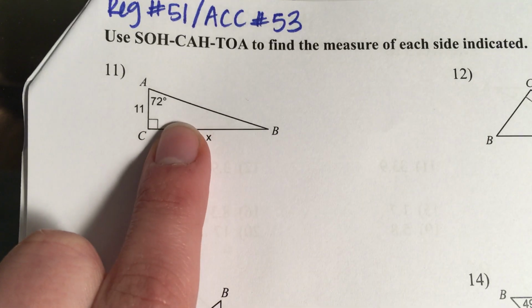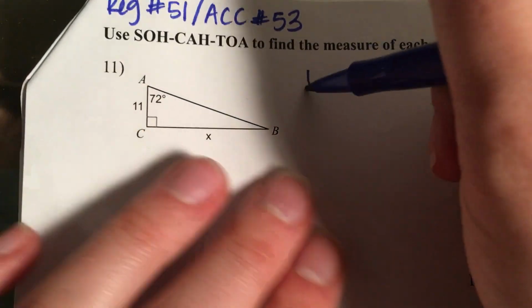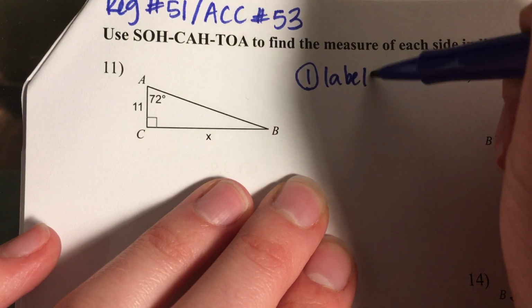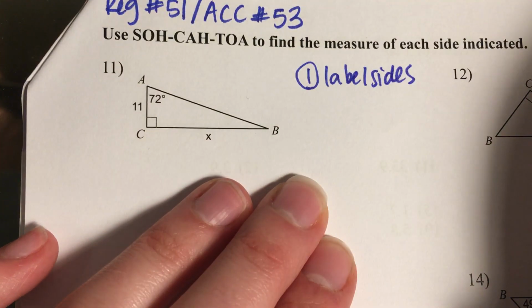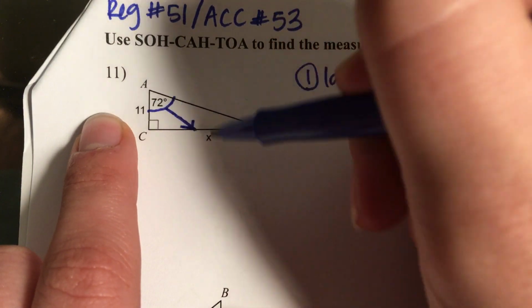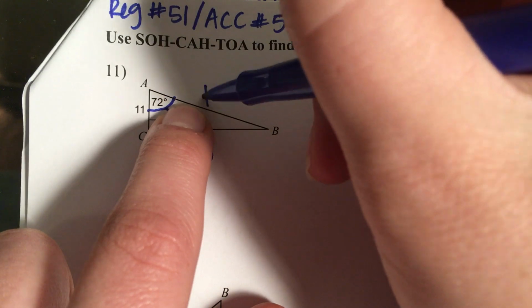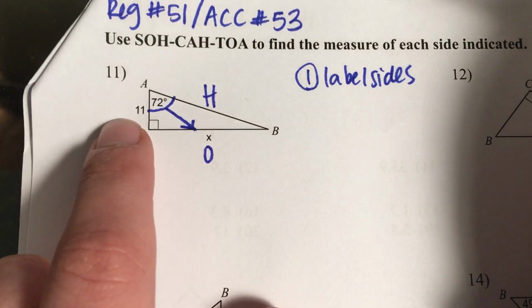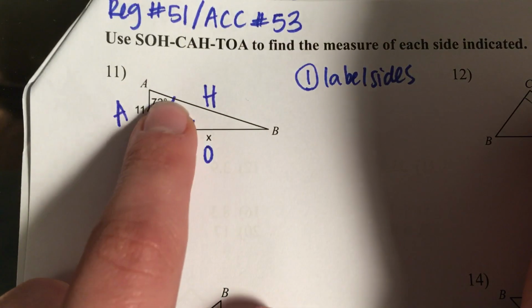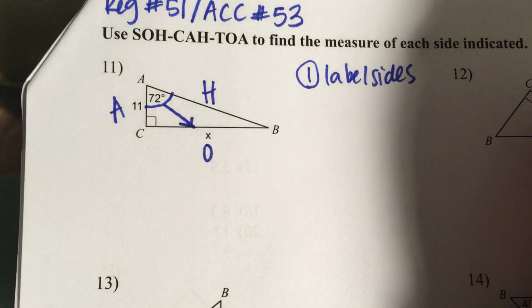Alright. So if I'm looking at this one, the first thing is to label the sides. So I do that based off of the angle that they give me. So here's my angle. Straight across from it, that's my opposite. Go to the 90 degrees, straight across from that is your hypotenuse. And then the leftover one is your adjacent, or the one next to the angle that's not the hypotenuse.